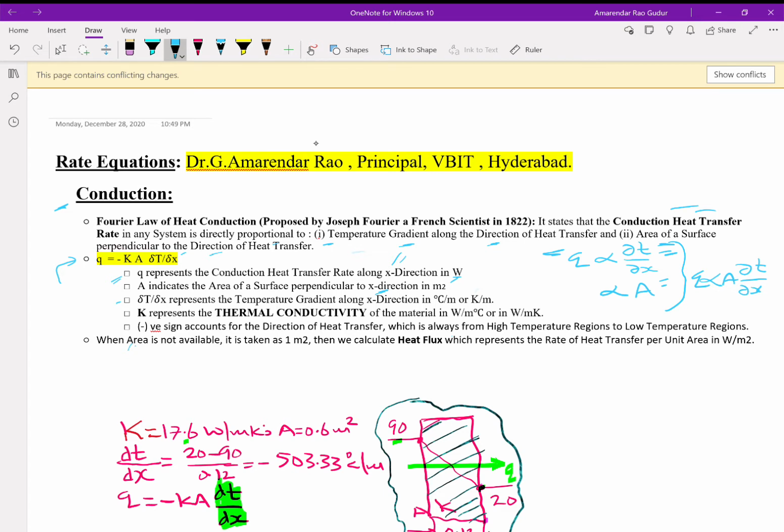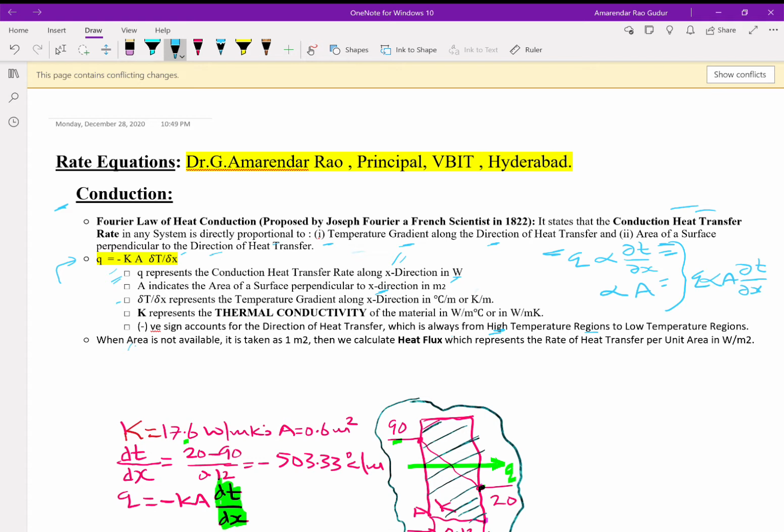Then the negative sign accounts for the direction of heat transfer, which is always from high temperature regions to low temperature regions. In other words, the negative sign accounts for the second law of thermodynamics, as per which heat transfer should always take place from source to sink.